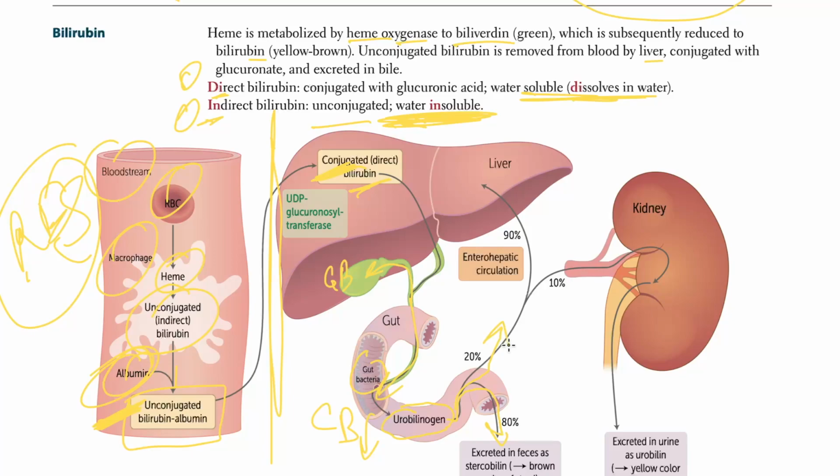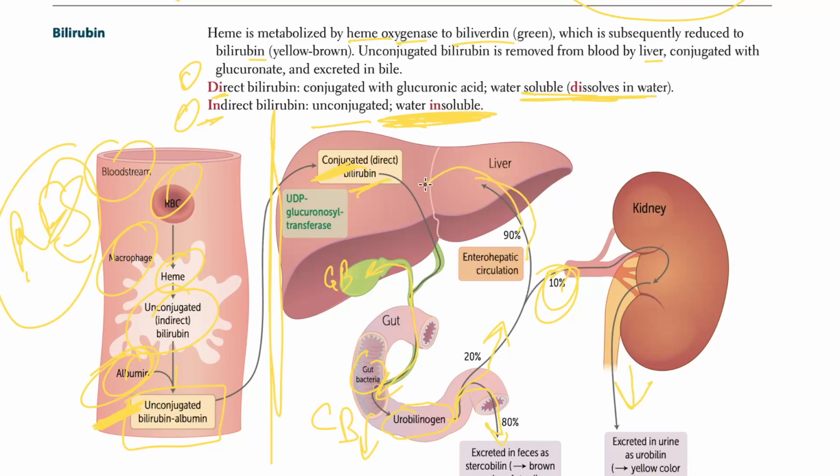The 20% gets back into the blood, and of that, 10% goes into the kidneys, gets filtered in the kidneys, and goes into the urine and gives it a yellow color. The remaining 90% goes through enterohepatic circulation, going back to the liver.